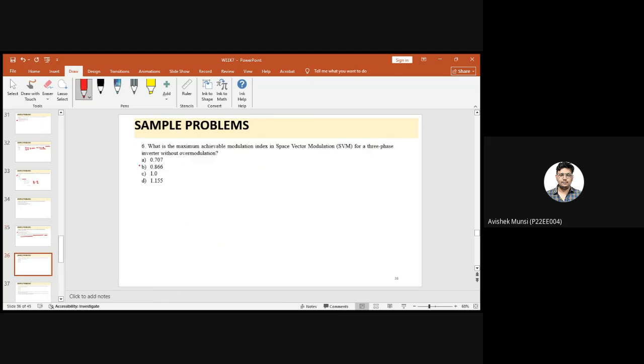Next, what is the maximum achievable modulation index for a three-phase inverter without overmodulation? What is the maximum value?